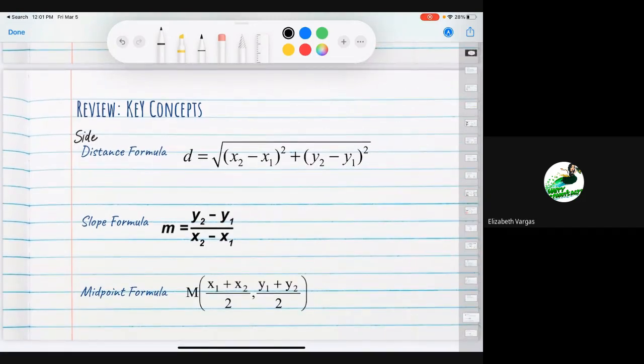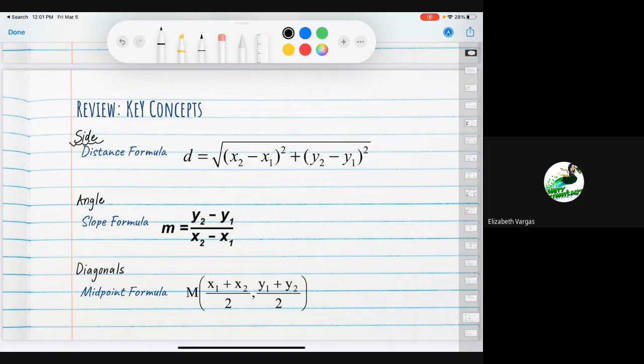Whenever we're trying to identify angle measures, we are going to use the slope formula. And whenever we're trying to look at whether diagonals bisect each other, we're going to use the midpoint formula. What we're basically doing is seeing how those side lengths relate to each other. The way that those side lengths relate to each other can tell us different things about the figures, like we saw in the triangle example.